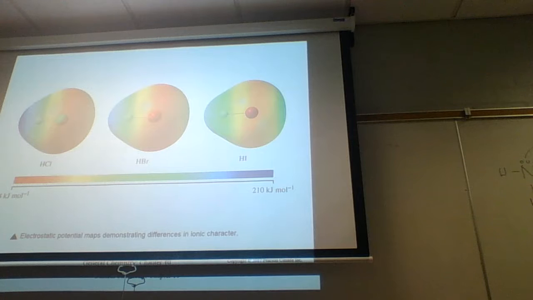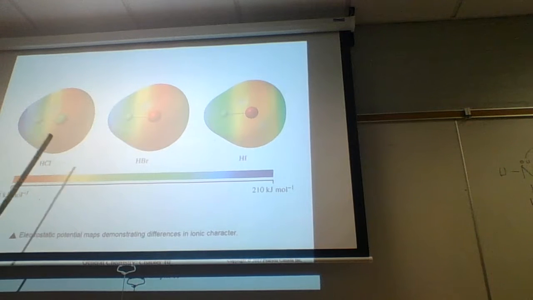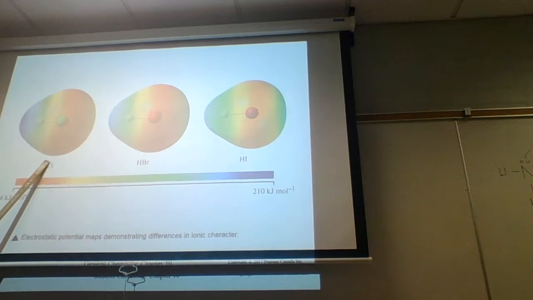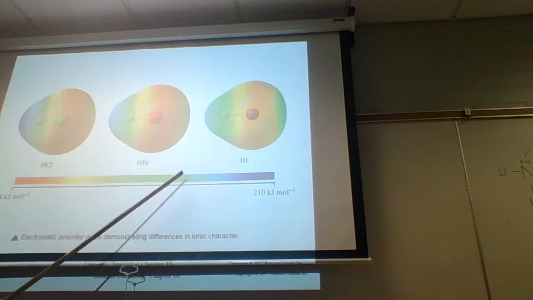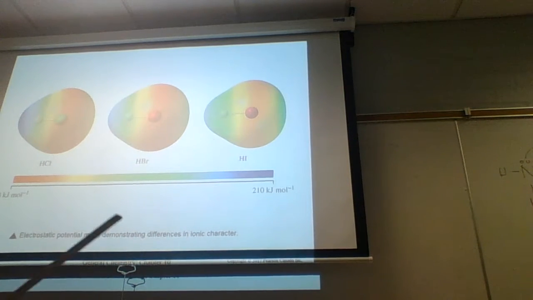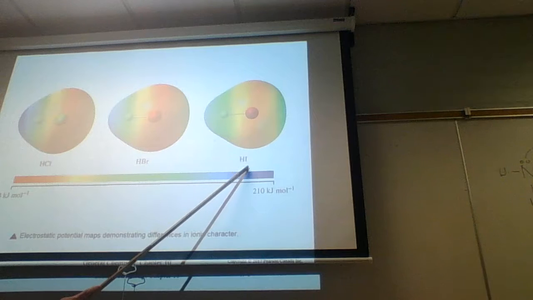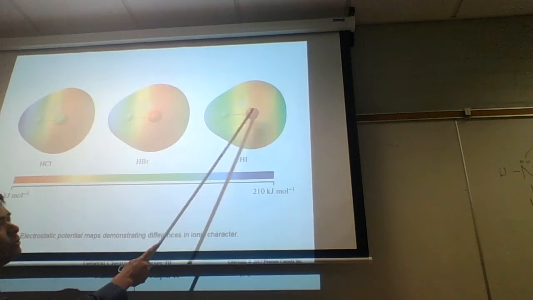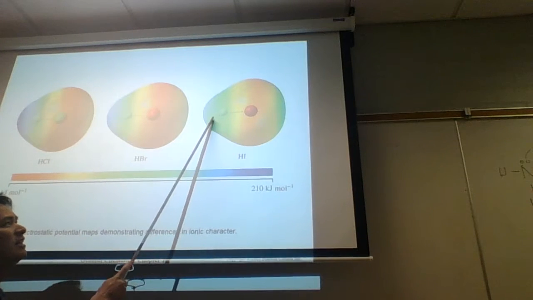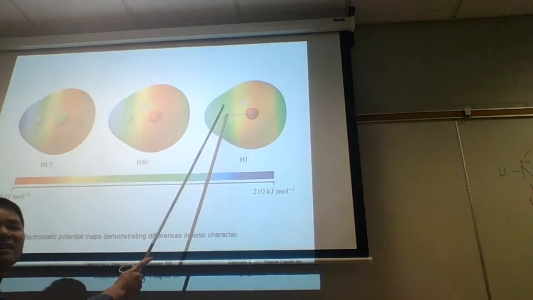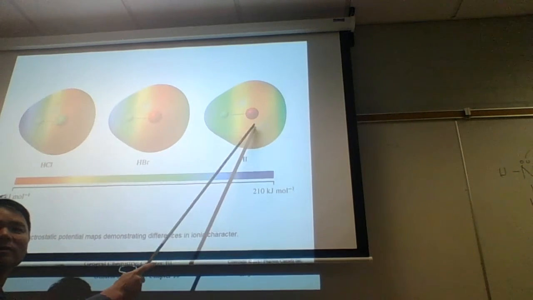Here we can see it though, as the delta EN grows, the bond becomes more polar. Chlorine's fairly electronegative, bromine's less, iodine's less. And over here, HI is looking almost non-polar. Look how green both sides are. Both sides are pretty green, indicating that the electron cloud isn't really polarized one way or the other.